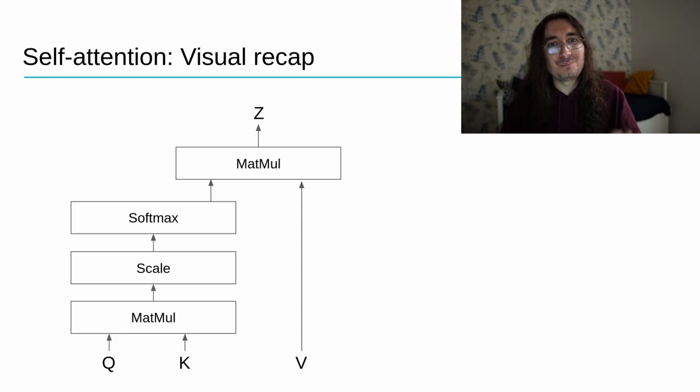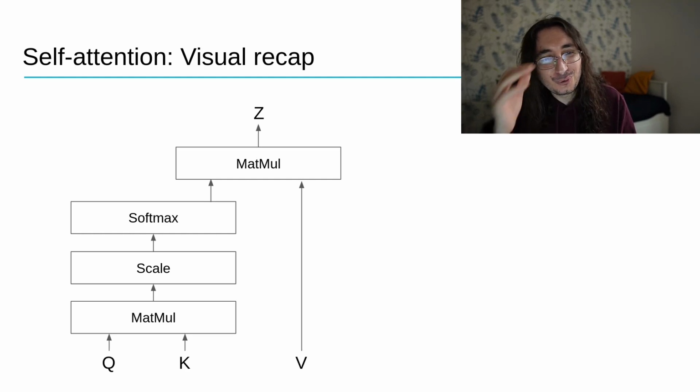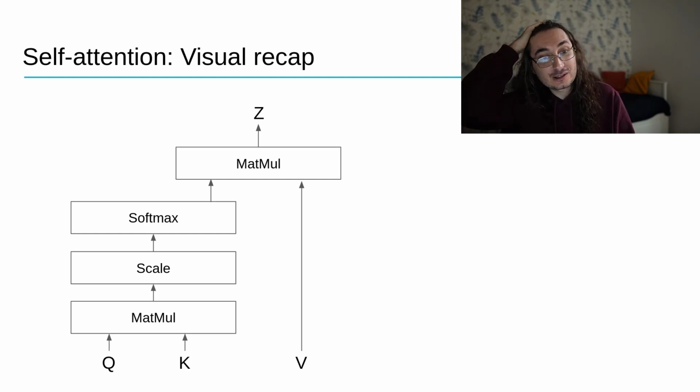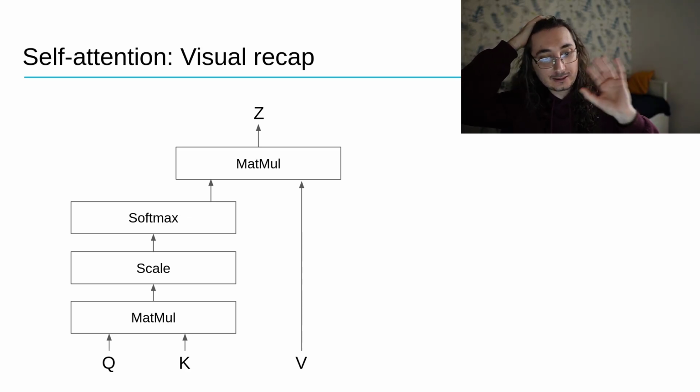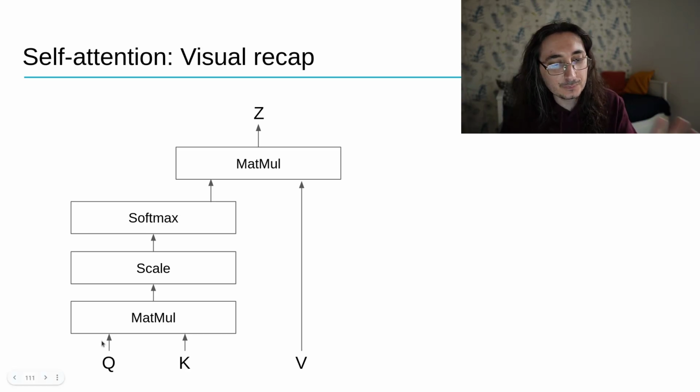Okay, you guys, so we are almost there with the self-attention. Well, actually, we are through it, and it's just fantastic news, but we just want to go through a quick recap, and this is a visual recap. We start from Q and K, we multiply K transpose with Q, and then we scale the result, and that is a scaled similarity score.